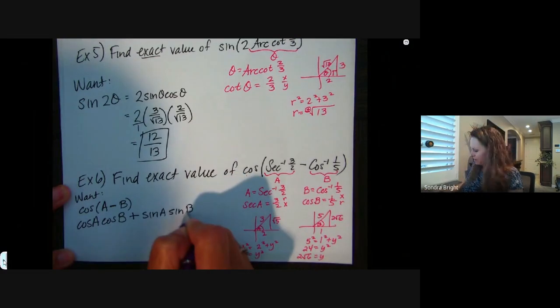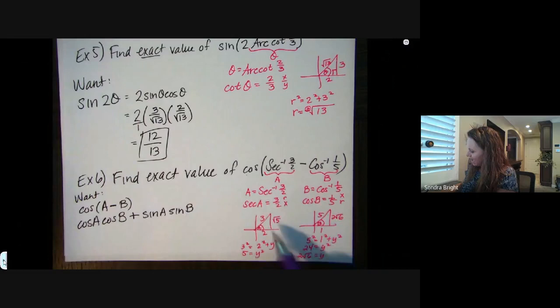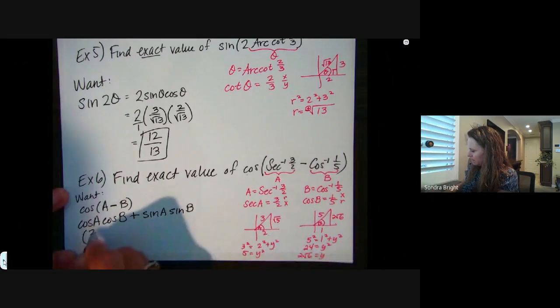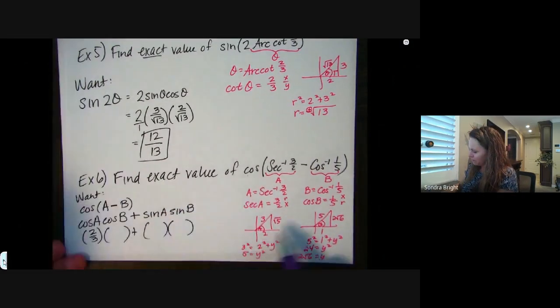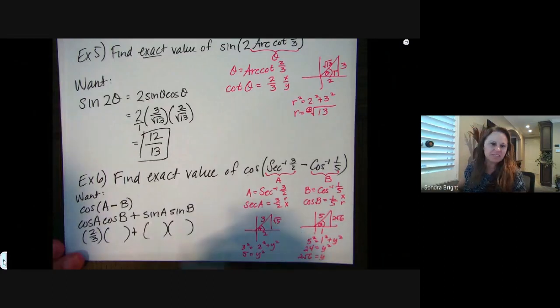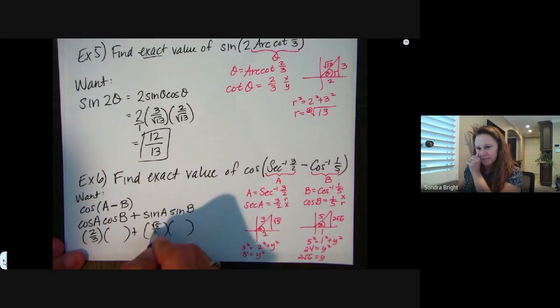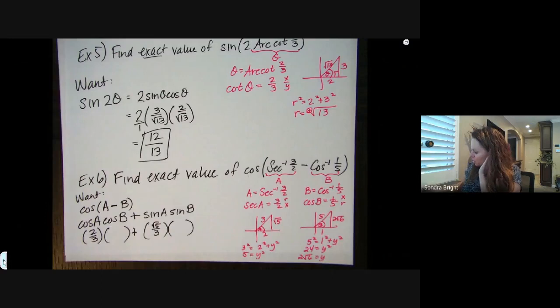I got my triangles. All right, so cosine of A would be x over r, so that's 2/3. Sine of A would be y over r, so rad 5 over 3. I just went and plugged in the A angle first, right? Cosine of B, this is B, would be x over r, so 1 over 5.